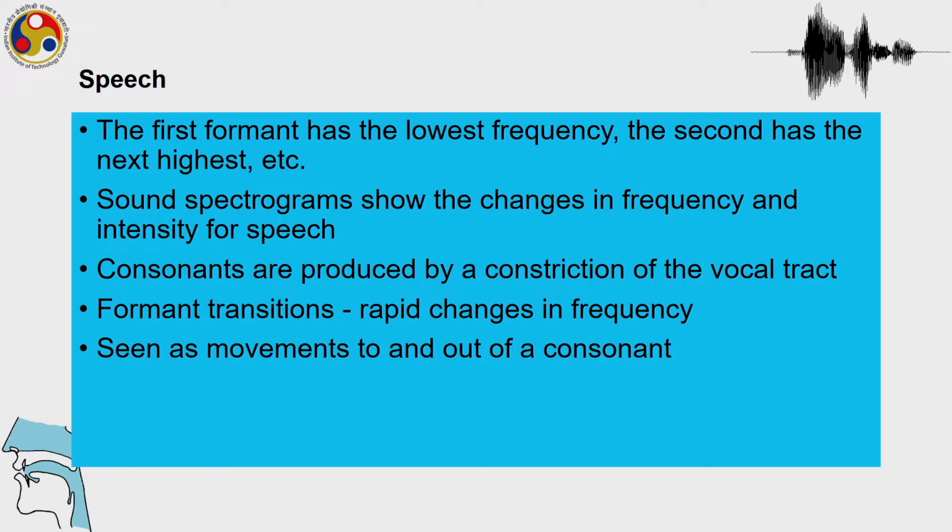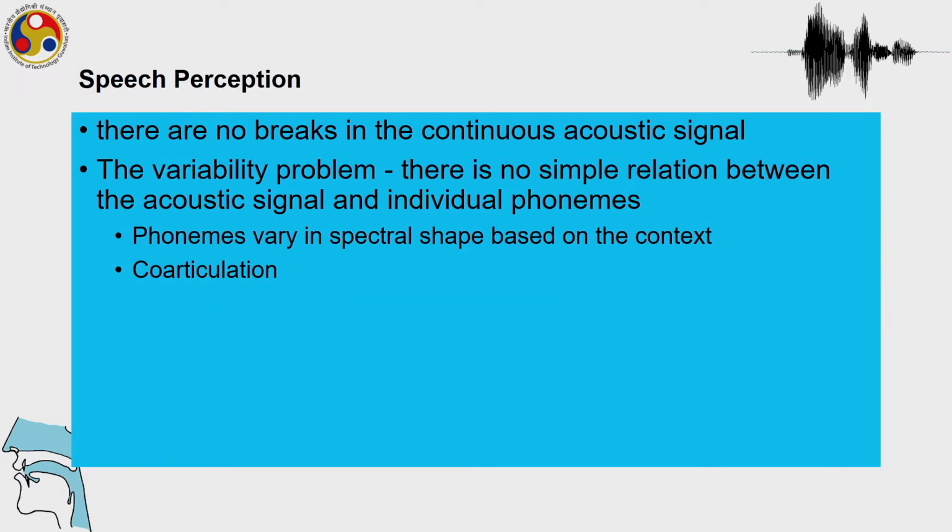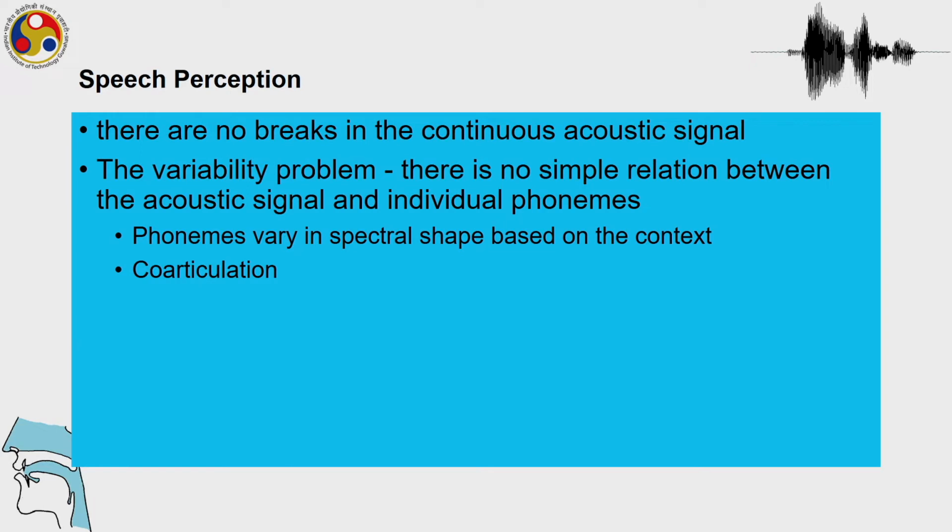This is the acoustic aspects of speech, which we studied in Unit 2, and you have a good knowledge of them, which we are repeating now. When it comes to speech perception, what is important in the acoustic signal is that there are no breaks in the continuous signal.